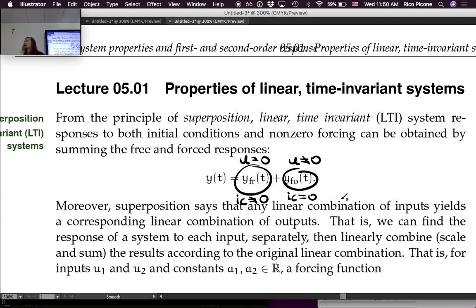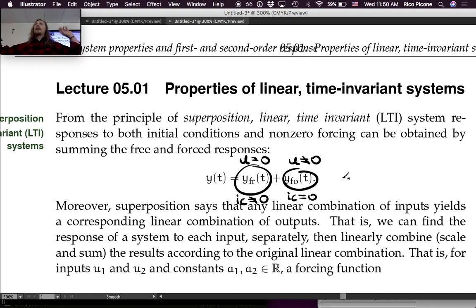Okay. So oftentimes we will actually, for certain types of systems, first order, second order systems, for instance, find the free response for certain initial conditions, and we'll have a form of it all set up. And then similarly, we'll have the forced version over here.